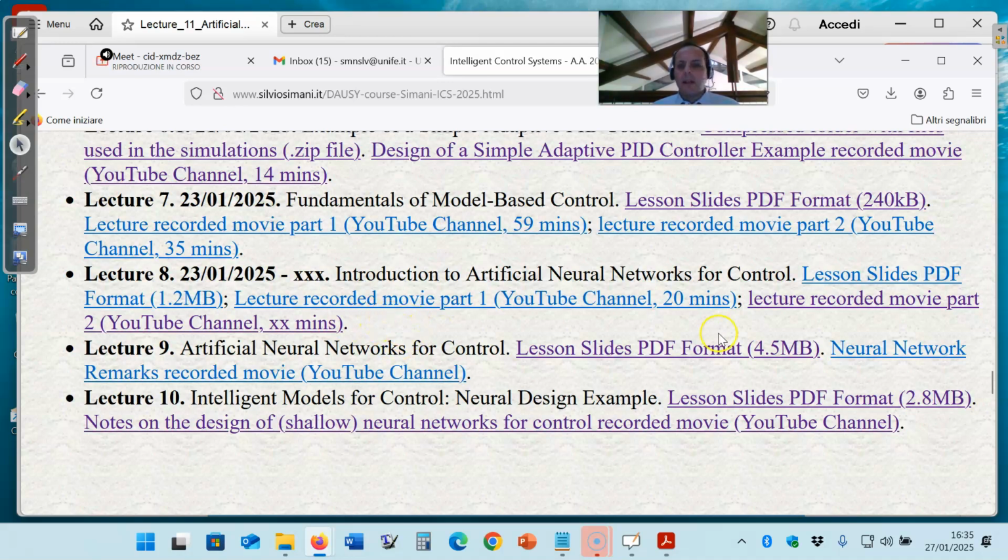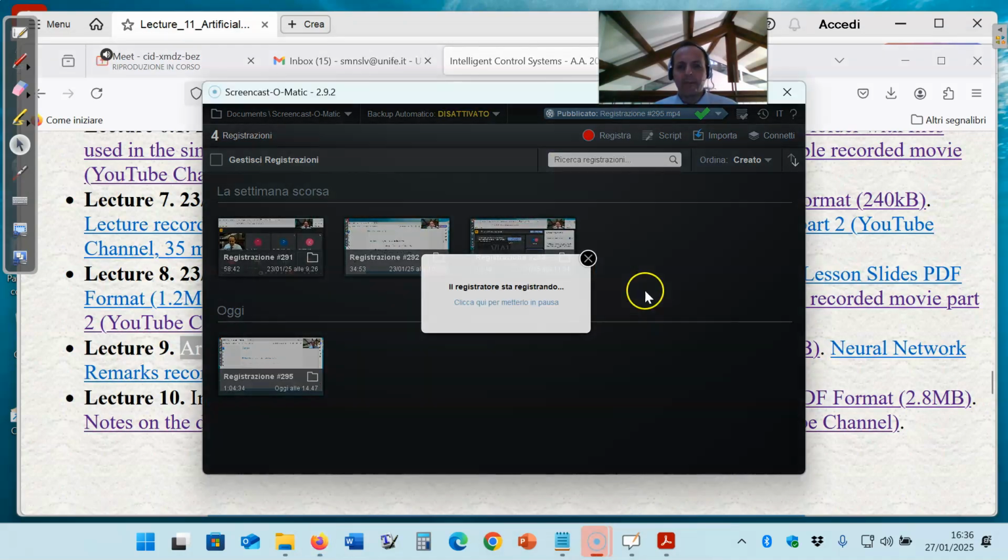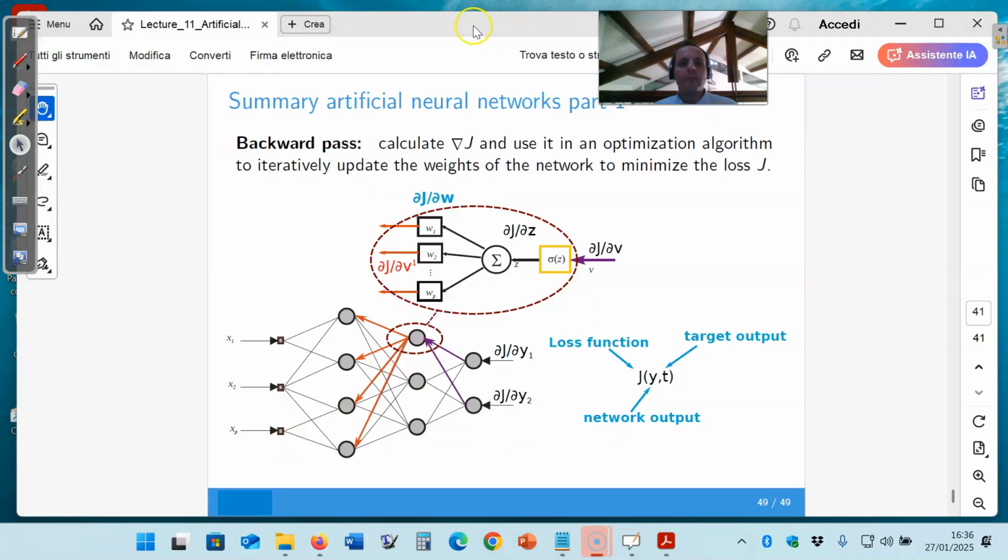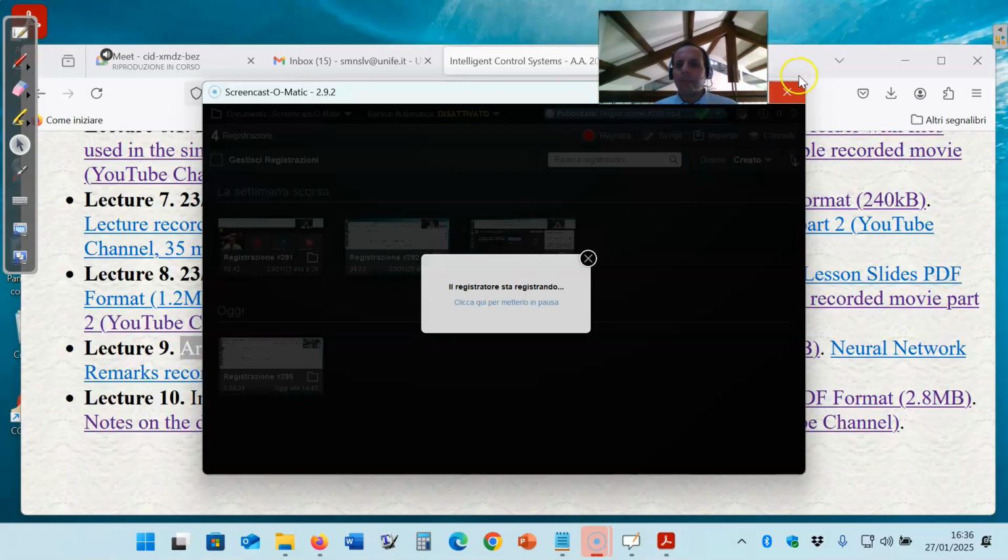I don't want to provide you a comprehensive description of neural networks, but just to give you some general information on artificial neural networks. And then we are considering the case of artificial neural networks for control.